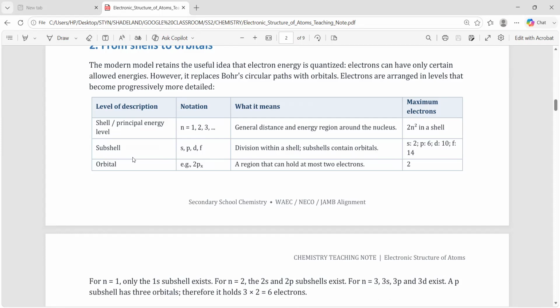I believe at this point, everybody in this class knows what a shell is, understands what a subshell is, and has gone with us mentally into the subshell to see what an orbital is. Is there anybody in this class that is going to be confused about these 3 things, shell, subshell, and orbitals? If there is any, please raise up your hand before I continue.